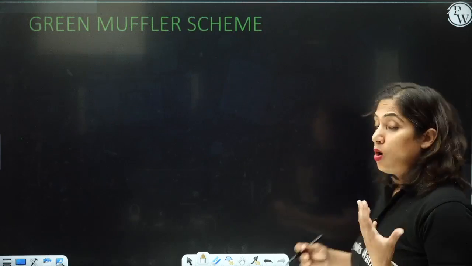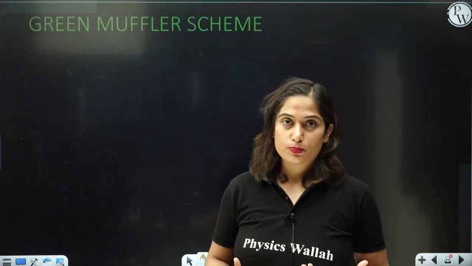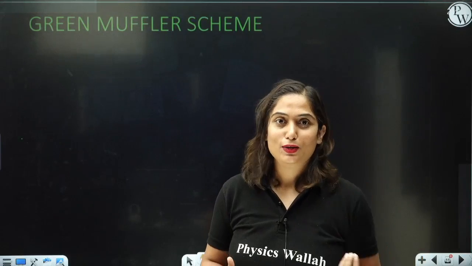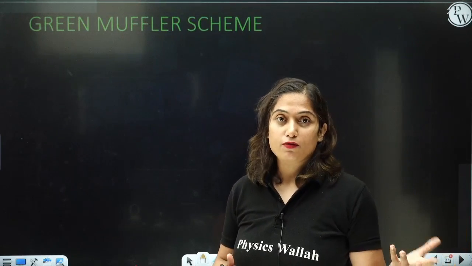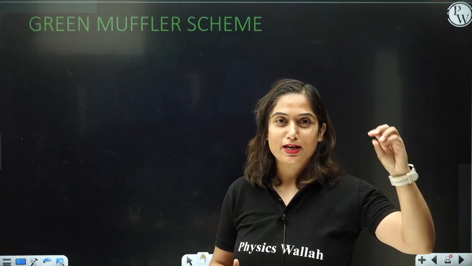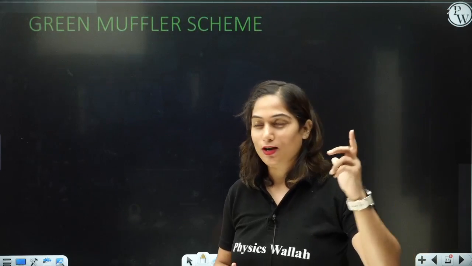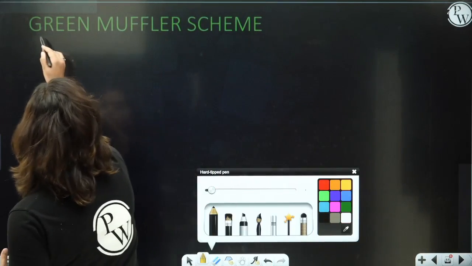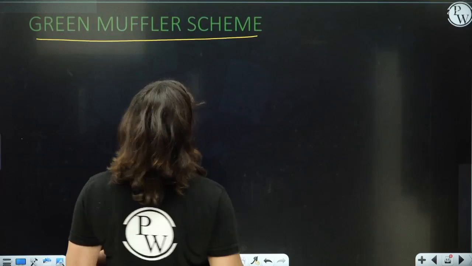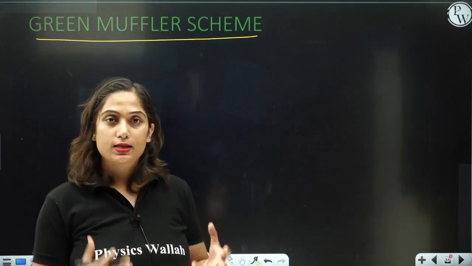Now, how can we control noise pollution? Obviously, by not honking horns and by controlling the volume of our DJs. But there is a very important thing which needs to be discussed here, and that is the green muffler scheme. What is this green muffler scheme?